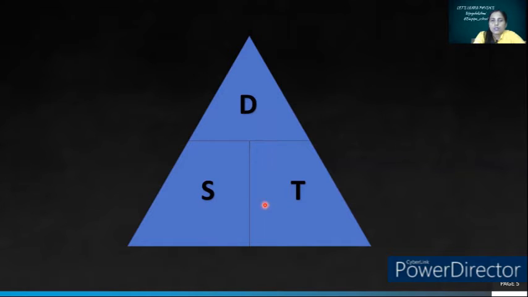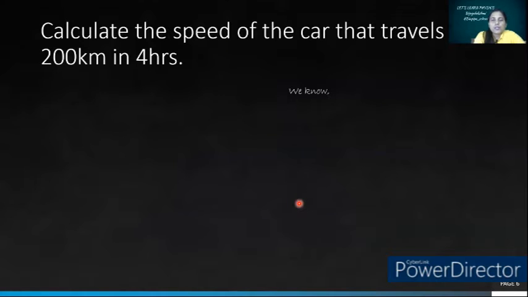That is S into T. Suppose you are asked to find T, you close the portion of T, and you would find that D is over S. That means time is calculated as D by S. So I hope this will come in handy when we find the relationship between distance, time, and speed. Now let's proceed.